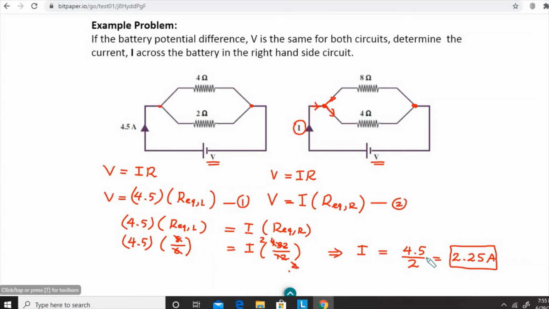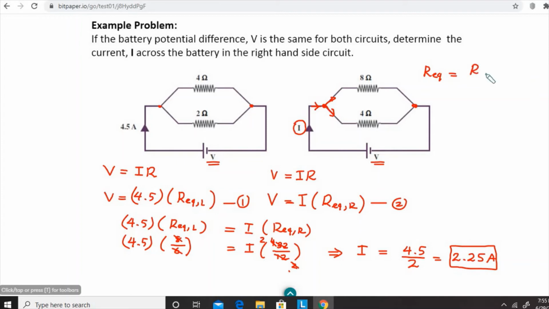So this can appear as a multiple choice question. It's a very good example where we can simply write down the equivalent resistance when two resistors are in parallel. Just let me remind you how to do that.